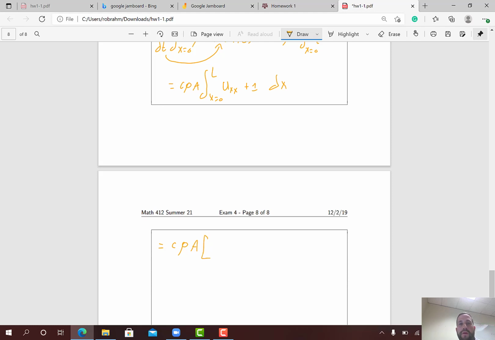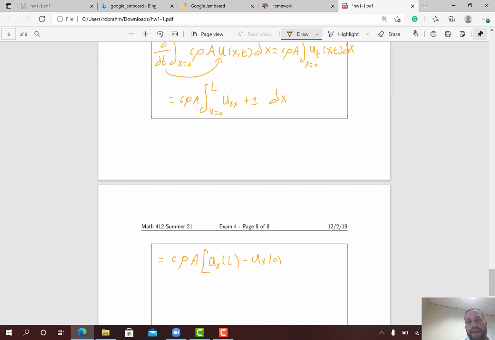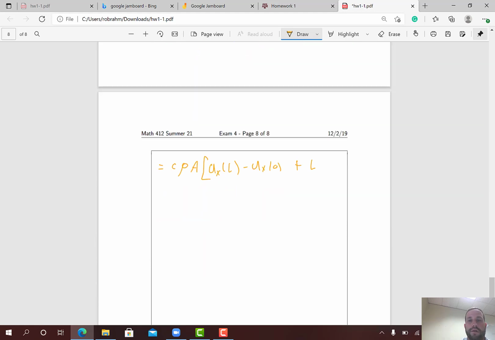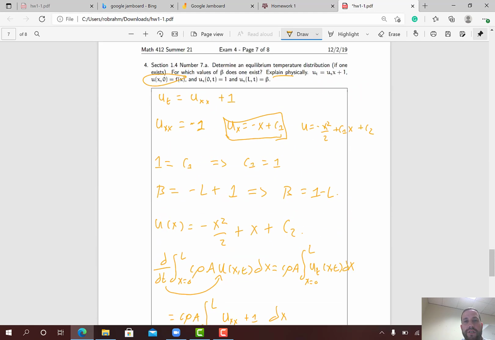Okay, by the fundamental theorem of calculus, the integral of uxx from x equals 0 to x equals L is ux of L minus ux of 0, and then the integral of 1 from x equals 0 to x equals L is just going to be L. Okay, now we know u satisfies the boundary condition, so ux evaluated at L for any t is equal to beta.